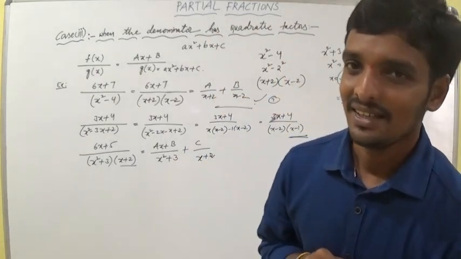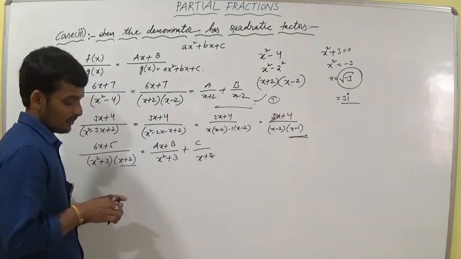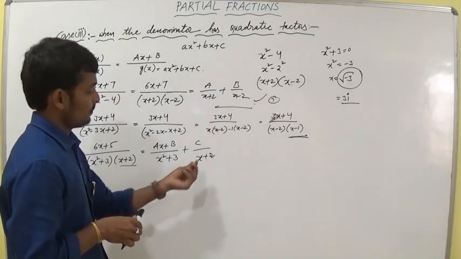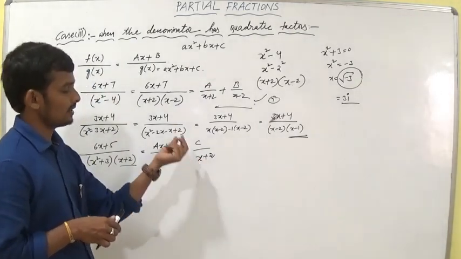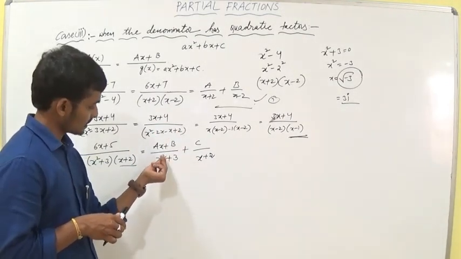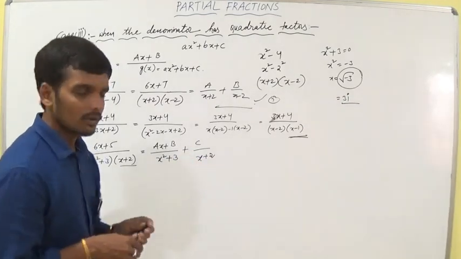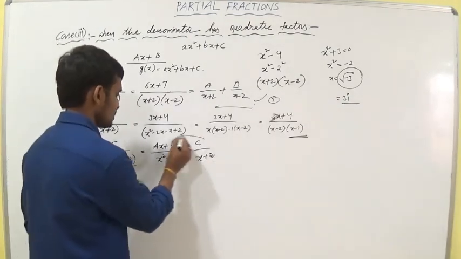Alright. So I told you that in case 2, if you want to write the partial fractions, first the degrees of the denominators are in ascending order. But here that is not so: here x² and here x. So how can we change it?